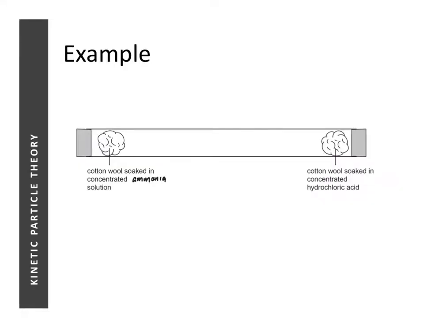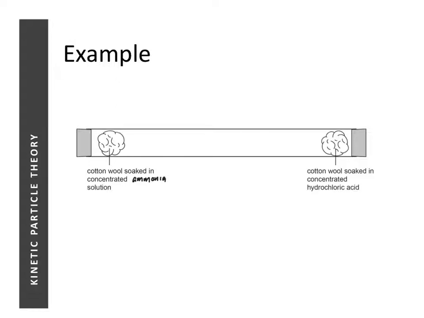So let us now try to apply what we have learned in a very typical example of diffusion. In this example, we have a very long glass tube, and at one end we have cotton wool soaked in concentrated ammonia solution. On the other end, we have another cotton wool soaked in concentrated hydrochloric acid.